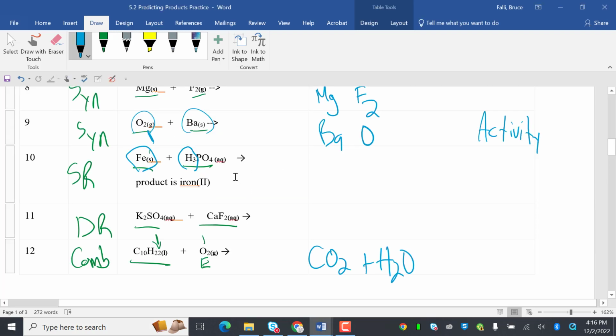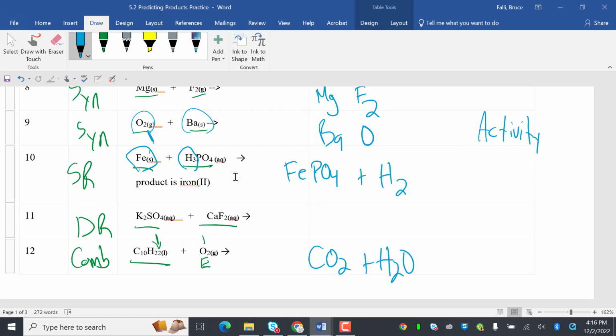So I'm going to get FePO4 plus H, diatomic, and iron is plus 2. Phosphate is minus 3. I memorized my phosphates. It told me iron. So remember, to show that you have 2 phosphates, you need to put it in parentheses. Okay? So whenever you want to show 2 of that ion, parentheses.